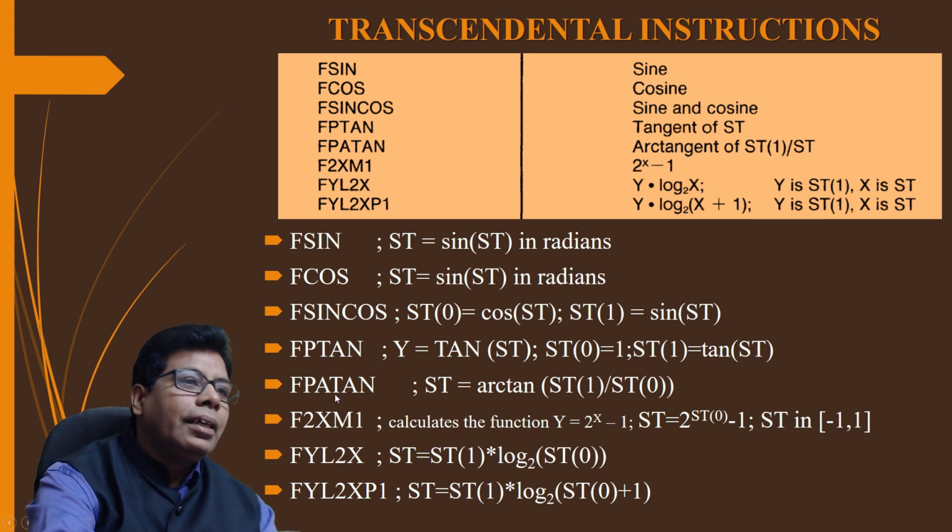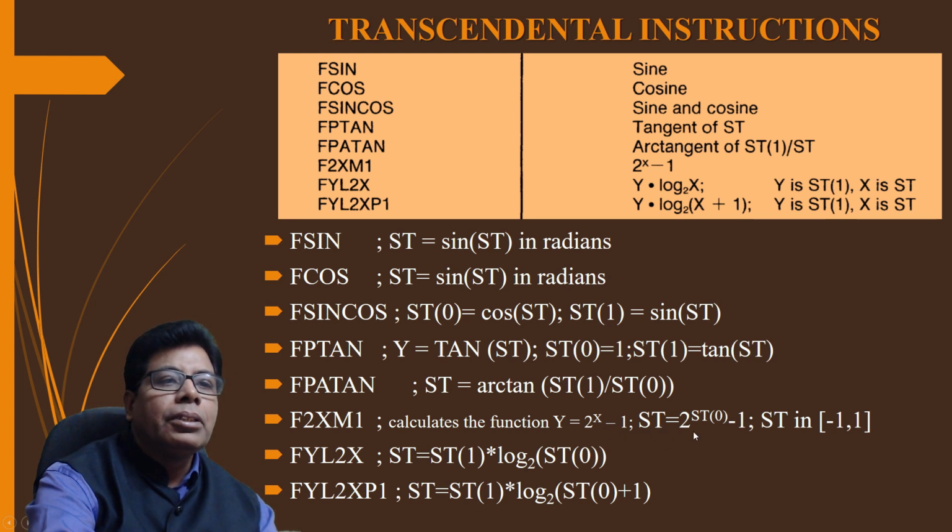Then FPATAN, that is arc tan. So the arc tangent of ST1 divided by ST will be calculated. Then F2XM1, so it will calculate y equal to 2 raised to x minus 1.